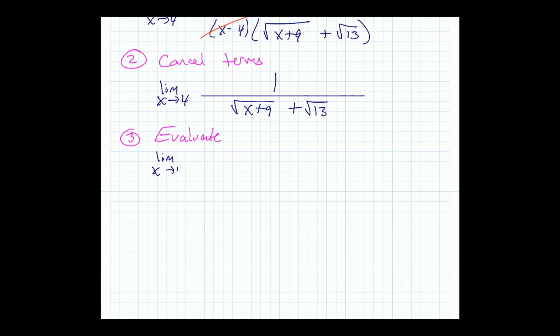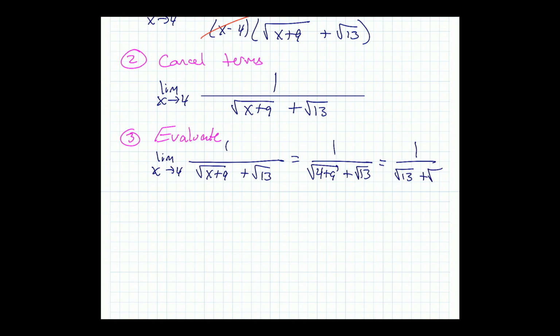Limit x to 4, 1 over square root x plus 9 plus square root 13, equals, plug in the 4. 1 over square root 4 plus 9 plus square root 13, which is 1 over square root 13 plus square root 13. Out of room, I'm going to go up here, equals 1 over 2 square root 13.